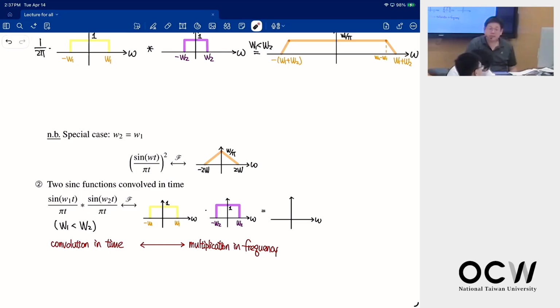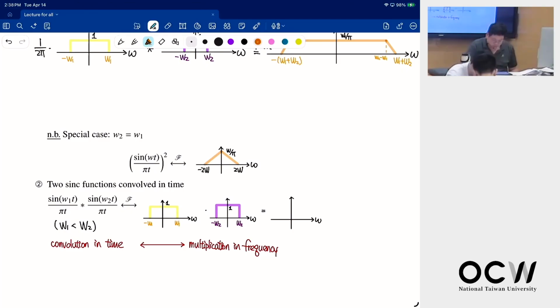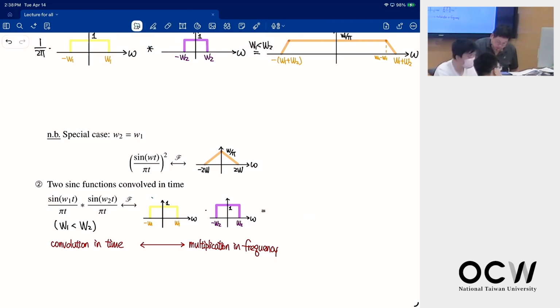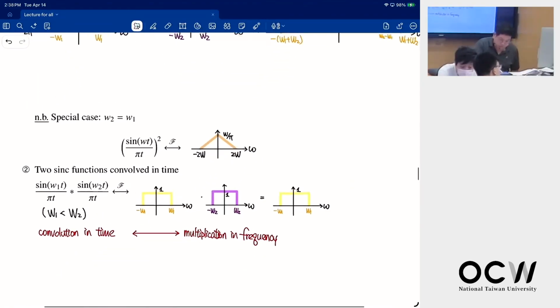But the width is W1 or W2. So suppose W2 is here, W1. So when they are multiplied together, we keep W1. So that means to copy this.